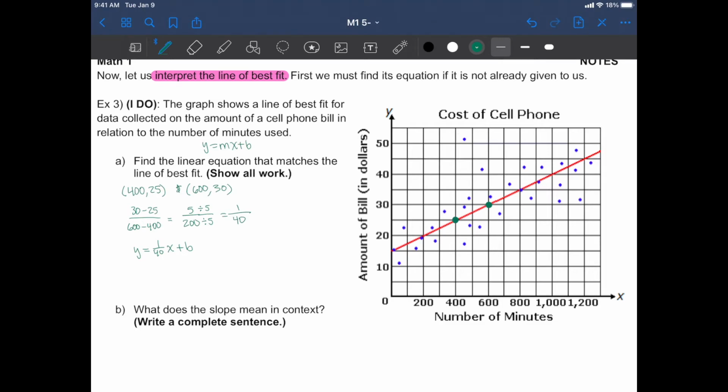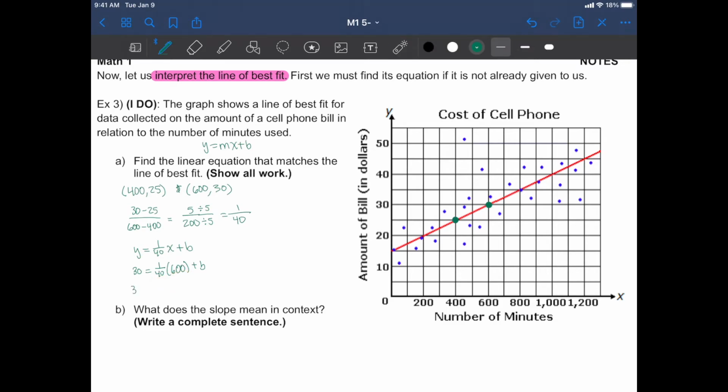What you do is you take any one of these points. I'm going to use this one because it's got more zeros involved. And I'm going to plug it in. So that 30 is my y value. And that 600 is my x value. Okay, now when you multiply fractions, this 600 is over 1. So I do this 1 times that 600, and I do this 40 times that invisible 1 there.